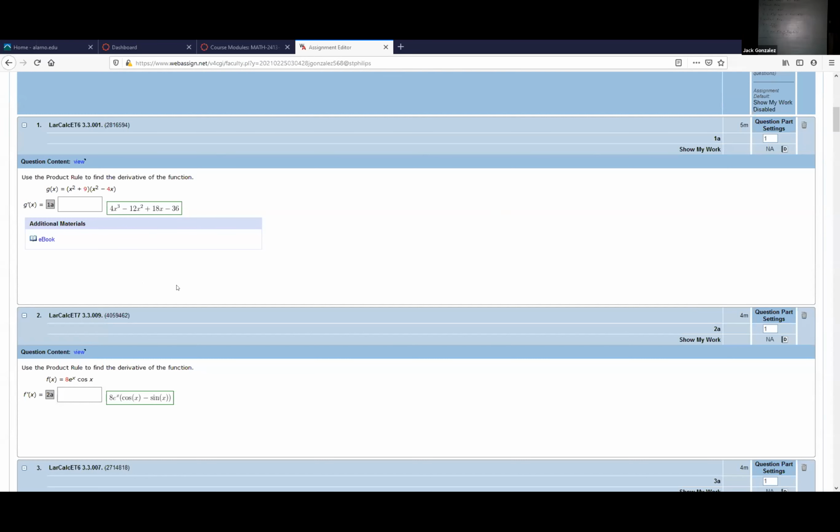Okay, so you could technically distribute this, FOIL it out and then do the derivative of every single term to avoid the product rule. But the point is to learn it because you can't always simplify the problem. For example, number 2, you cannot do anything here to avoid product rule. You're going to have to do it.